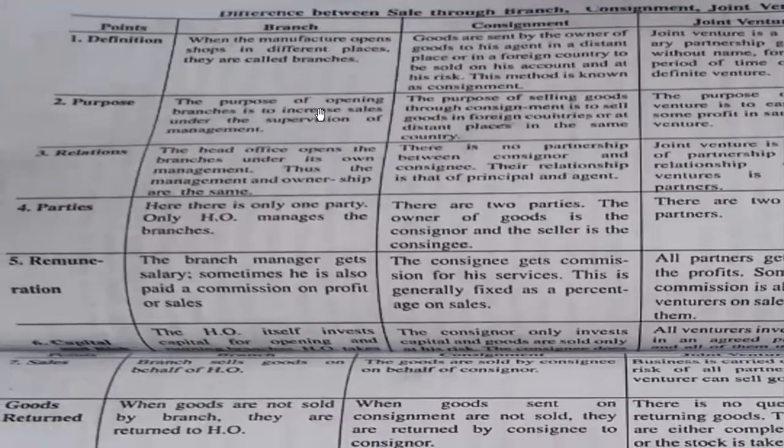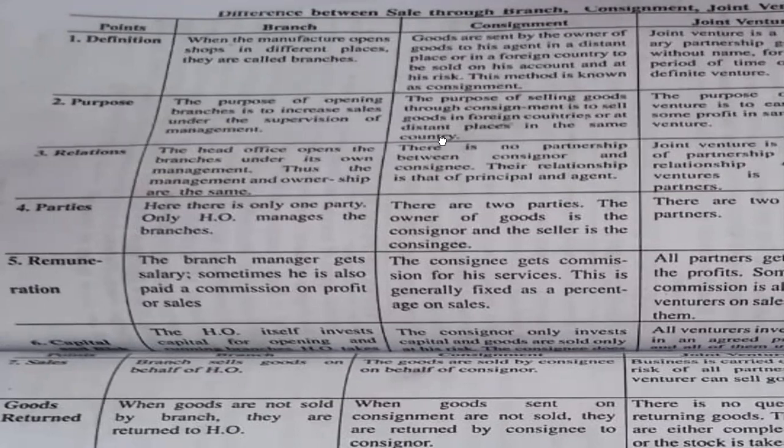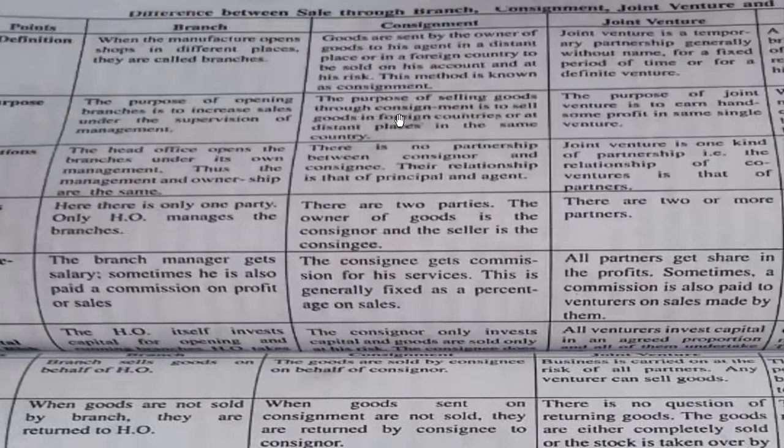Purpose. The purpose of opening branches is to increase sales under the supervision of management. Means we want to increase the sales under the management only, then branch is helpful. The purpose of selling goods through consignment is to sell goods in a foreign country or at a distant place in the same country.